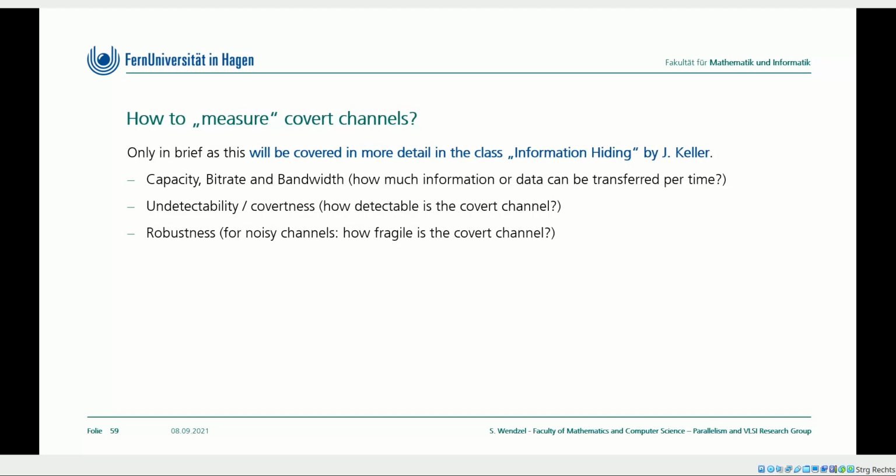But I want to discuss some other measures that are typical for network covert channels, because these that I listed on this slide are essentially important for all types of covert channels, also for local covert channels. For instance, robustness is a key criterion for digital watermarking.